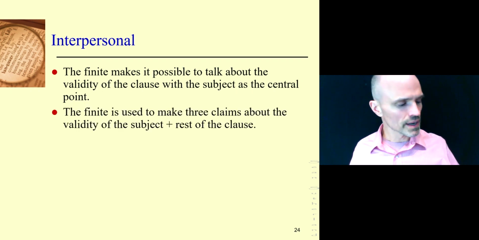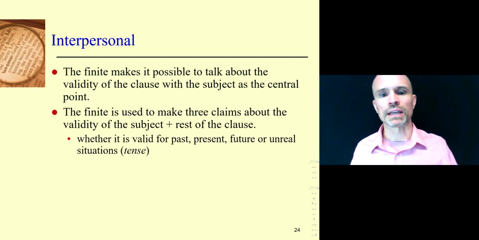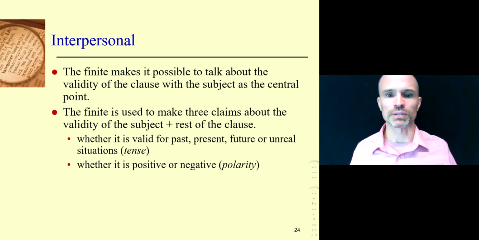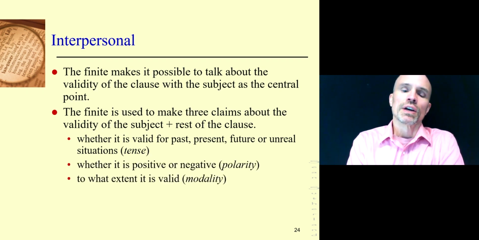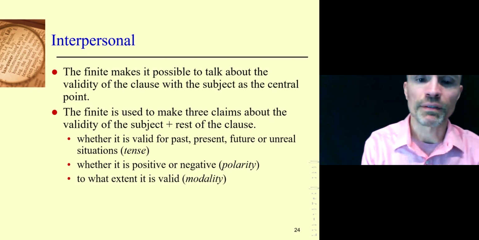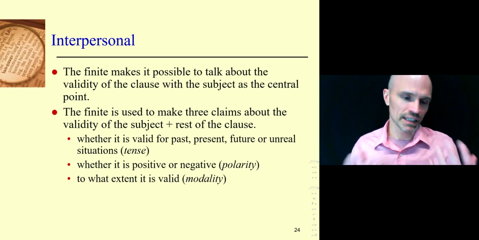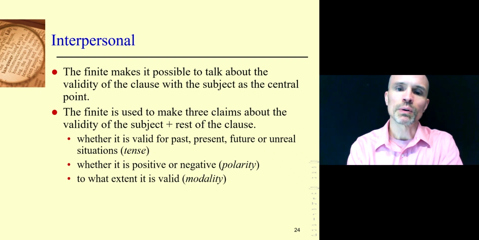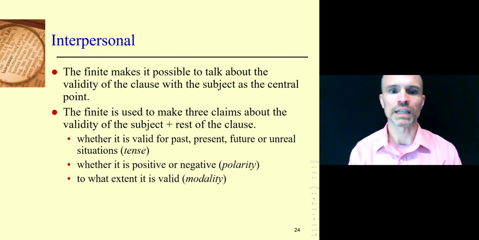Now that finite may be something that you want to say, well, they're examples, right? You may want to say that the thing you're talking about, let's keep that example, running a hotel, right? I can talk about running a hotel to you in various ways.